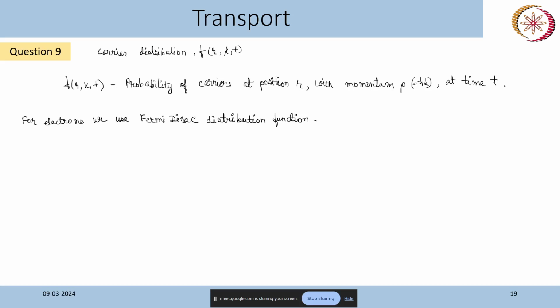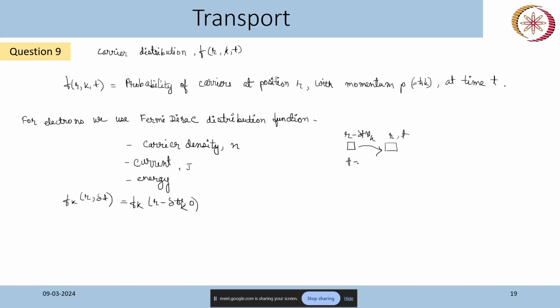So there is a certain carrier distribution at position r at time t, equal to the distribution at position r minus delta t v_k. This is the position, and because of this velocity these carriers will move to this position. This is at t equal to 0, this is at t equal to delta t.